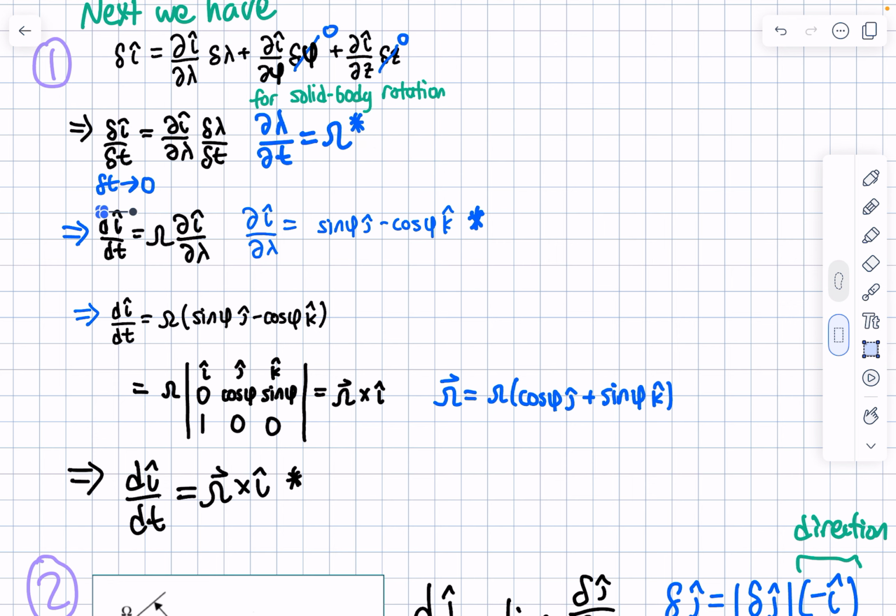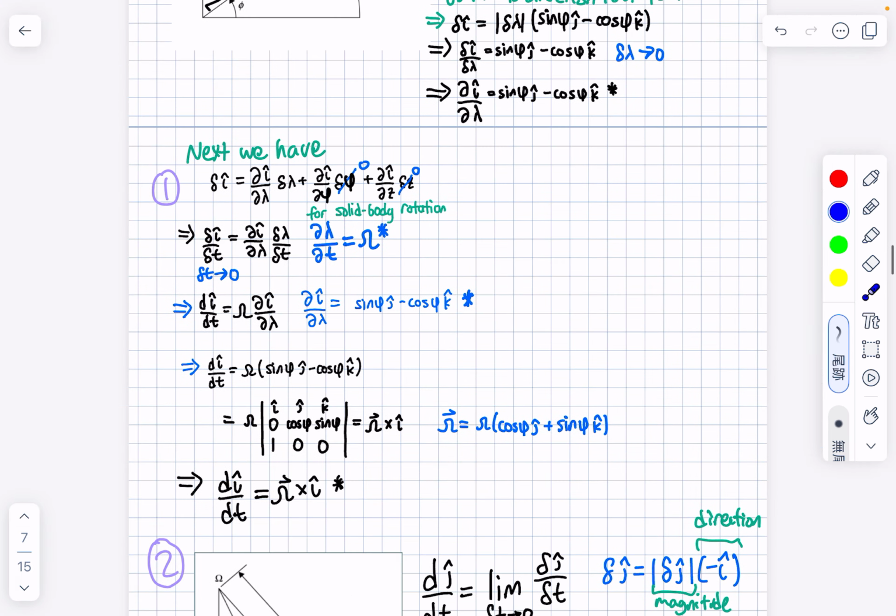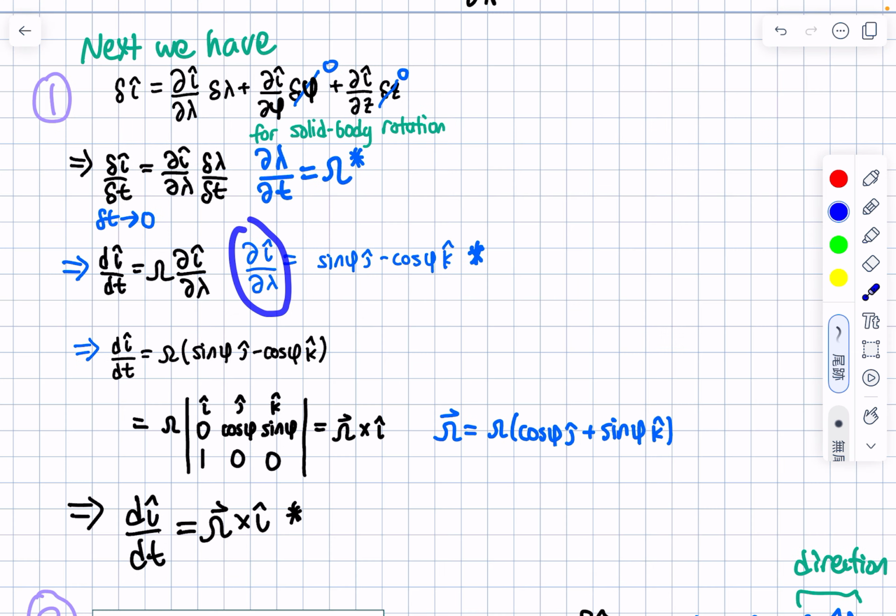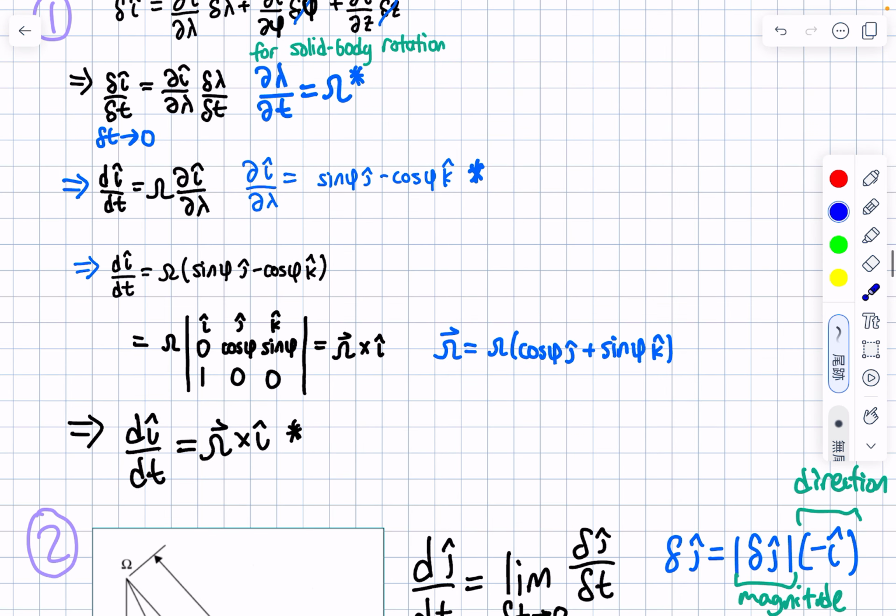So we get di dt is equal to omega times delta I delta lambda. And we showed just a little bit ago that partial I partial lambda is equal to sine phi j minus cos phi k. And so we can write this as omega times the quantity sine phi j minus cos phi k.